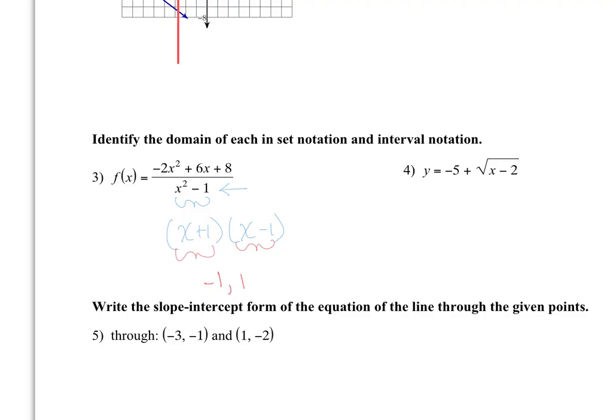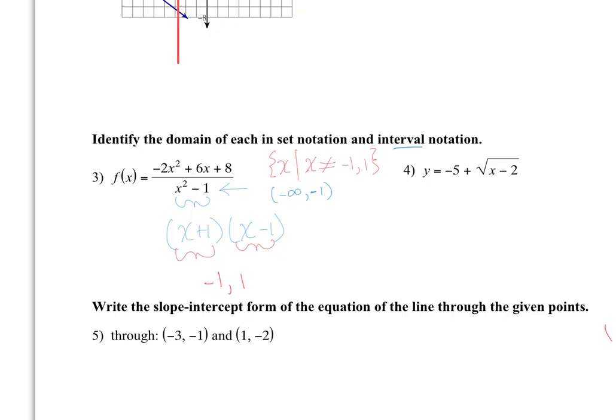And so for set notation, it's really simple. You're just going to say it can be x such that x does not equal those two numbers. And as long as it does not equal those two numbers, you're good. For interval notation, you want to start at -infinity and you want to say, well, I can go all the way up to +infinity except for these two numbers.